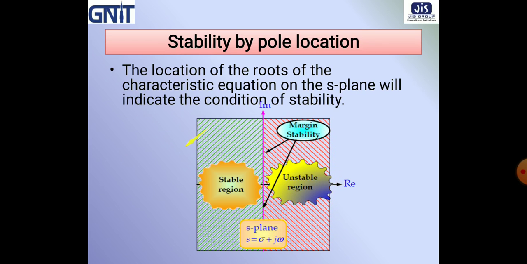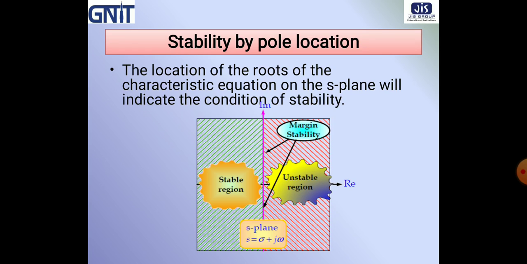And if poles are present in this green zone, that is the negative real axis, in quadrants 2 and 3, then the system will be in the stable region.